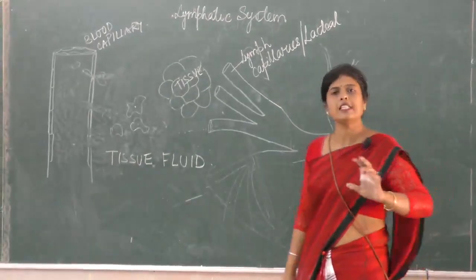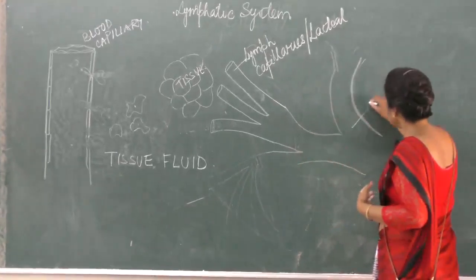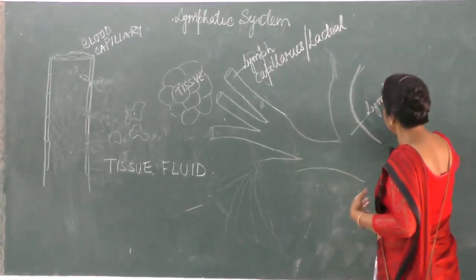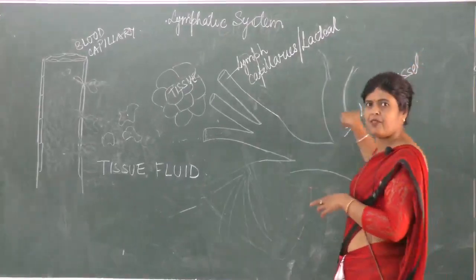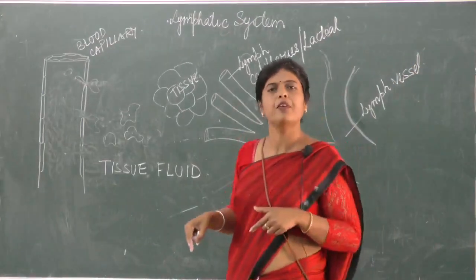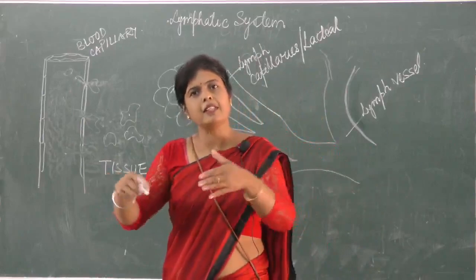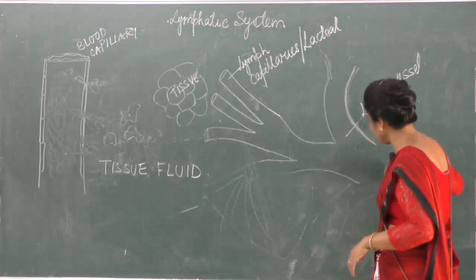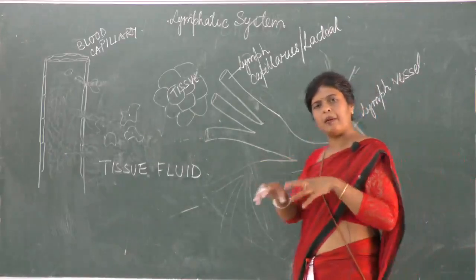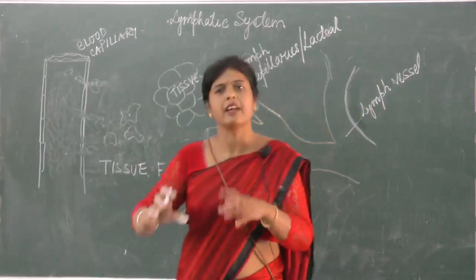As the joining starts, we call them lymph vessels. You can compare them with veins. Capillaries join to form veins. Here lymph capillaries are joining to form lymph vessels, and the joining continues. And the more they join, the thicker they get.